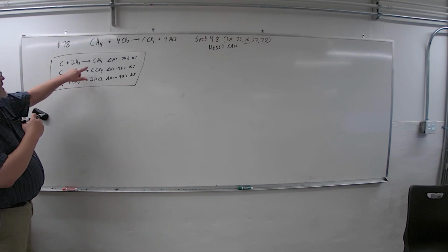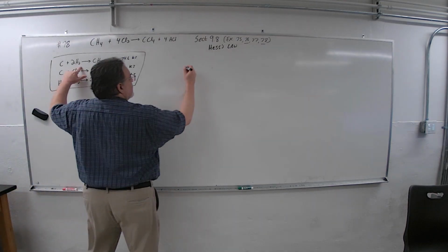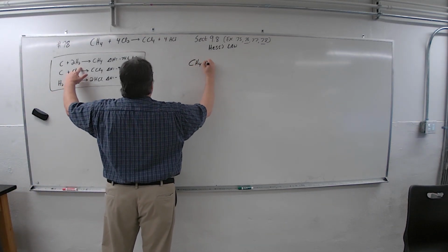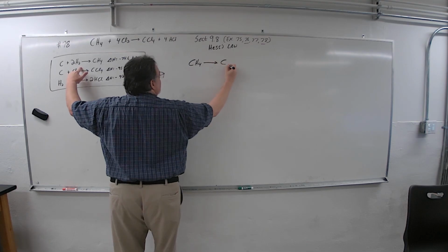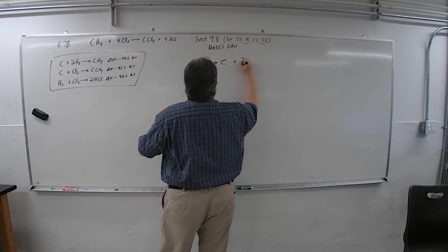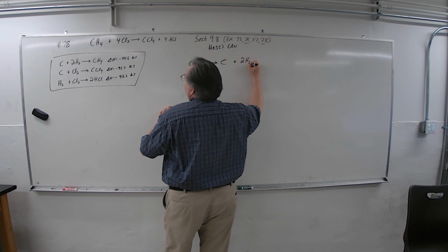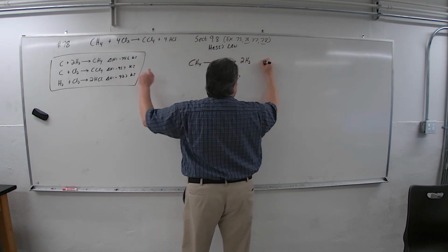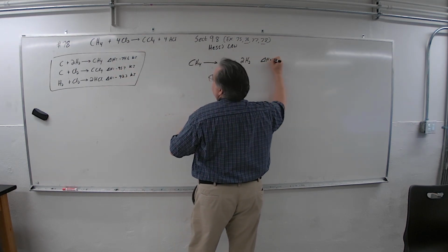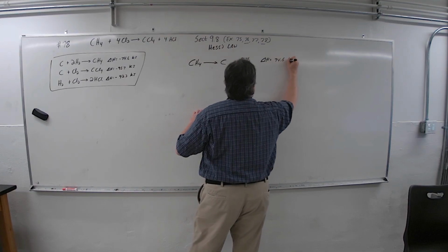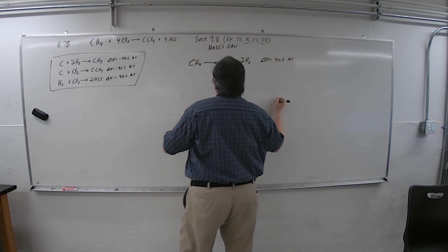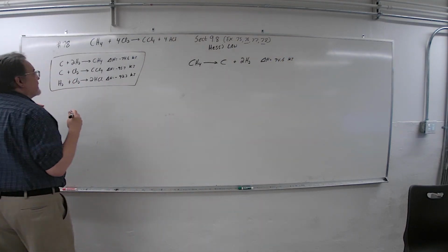So I'm going to write this the other way around. CH4 makes C plus 2H2. And I'm going to change the sign. Delta H equals 74.7.